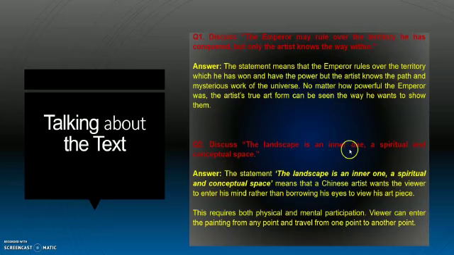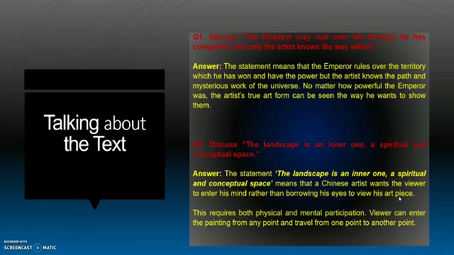Discuss the landscape is an inner one, a spiritual and a conceptual space. Now let's understand this. The statement means that a Chinese artist wants the viewer to enter his mind rather than borrowing his eyes to view his art piece.